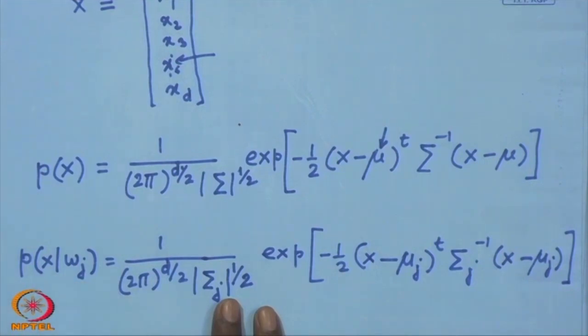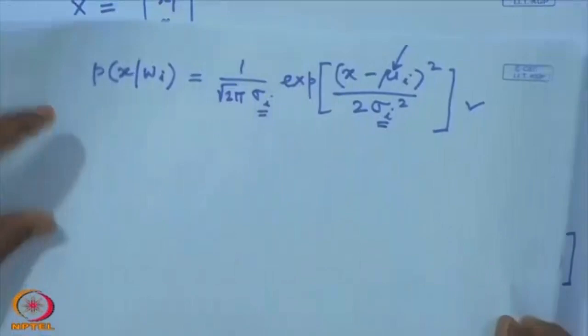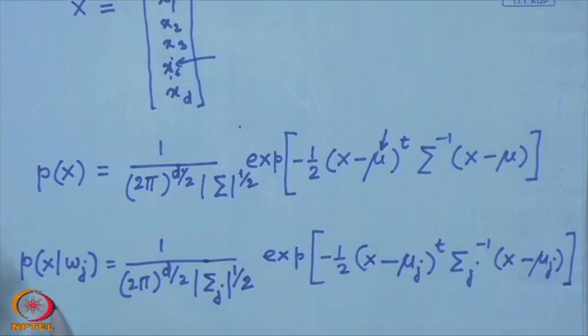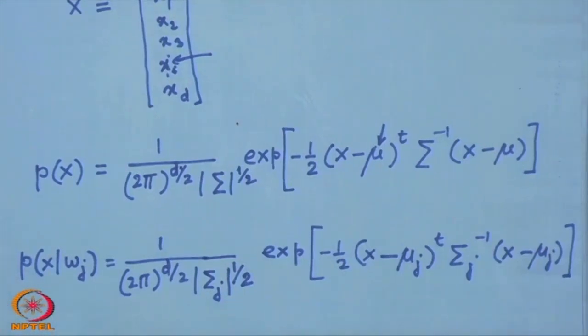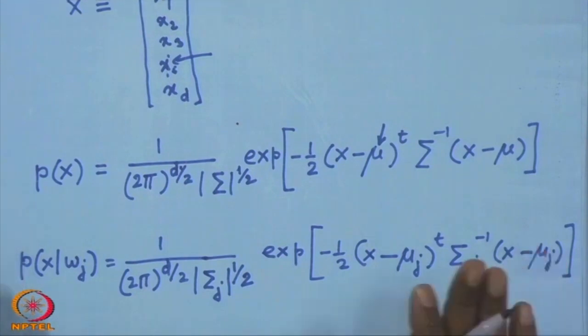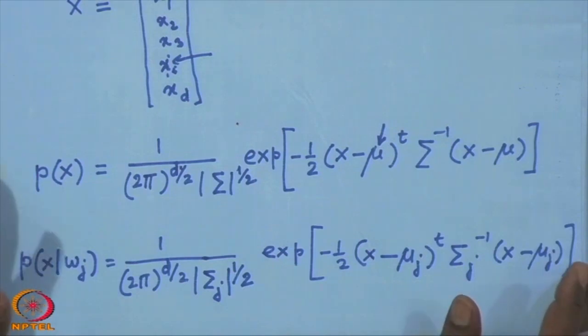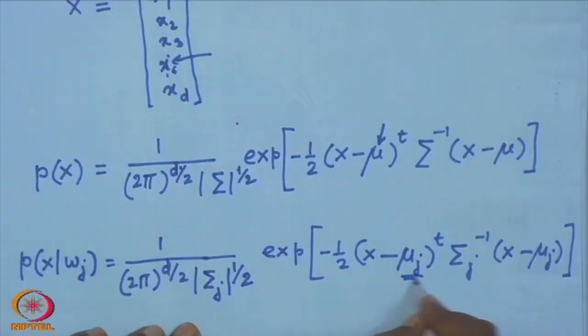Now, whether I have this expression for a single variable or for a vector variable, the shape of the probability density curve is entirely decided by a number of parameters. In case of a single variable, it is decided by mu, which is the mean of x, and the variance sigma square. In case of vector variables, the shape and position of the probability density curve is decided by the mean vector, which is mu j.